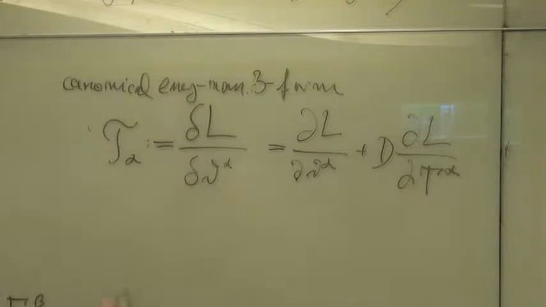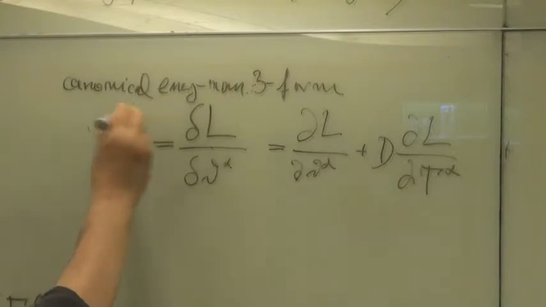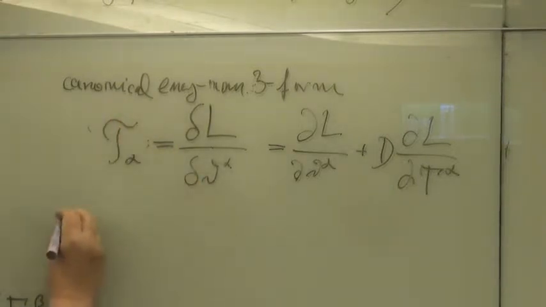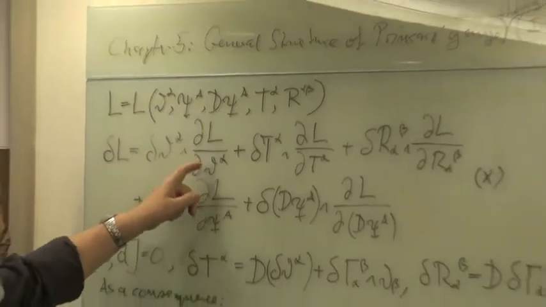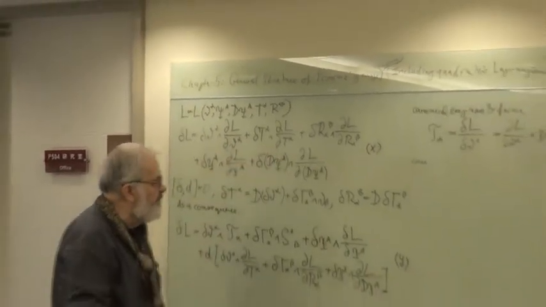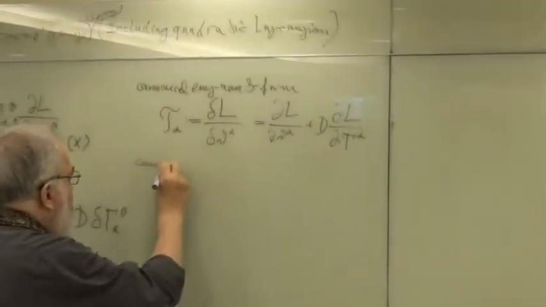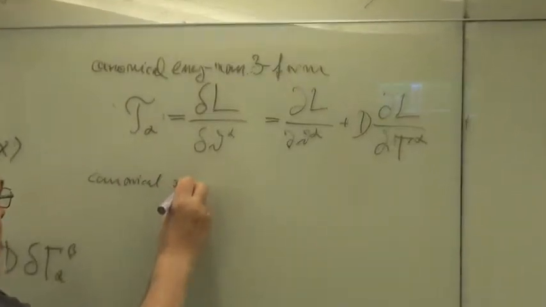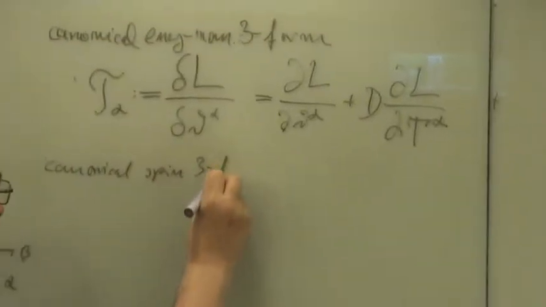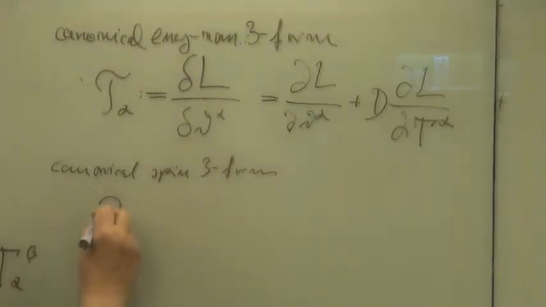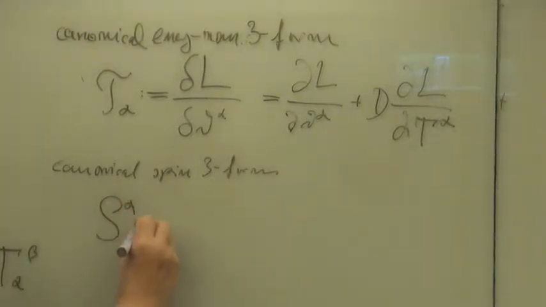So this is just an abbreviation for that. So this is the canonical energy momentum tensor, which we just defined by comparing it with here. We have here a theta, and we pick a piece up from here. And then we get the canonical spin three-form, which is calligraphic S alpha beta, by definition, and that's analogous.